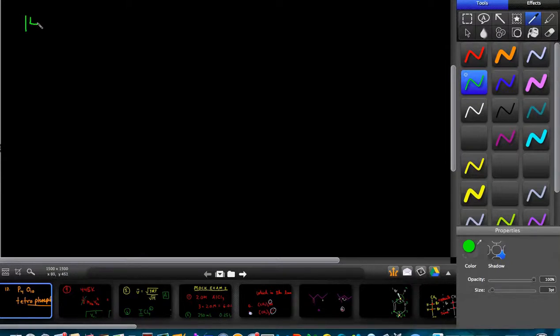Number 14. Which gas is most dense at 1.12 atmospheres and 323 Kelvin? What really matters here is that a certain pressure and a certain temperature are specified. Nothing else matters.